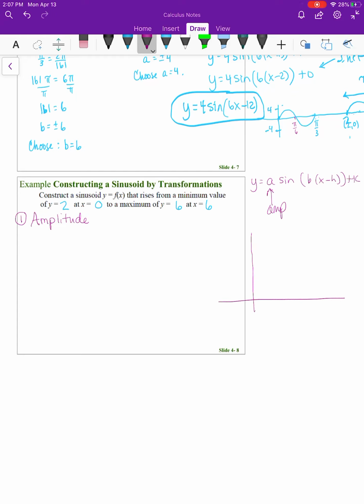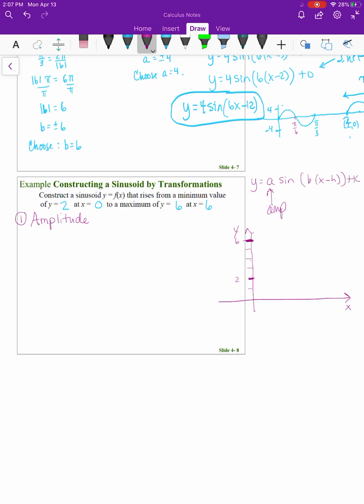And so at x equals 0 is the minimum value of 2. Okay, so I'm over here just going to draw a little xy axis. 1, 2, 3, 4, 5, 6. And the reason I went up to 6 is because it's going to a maximum of 6.